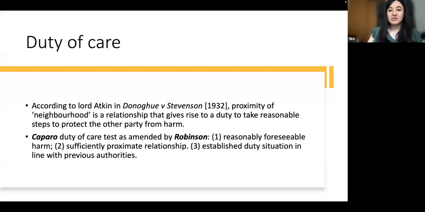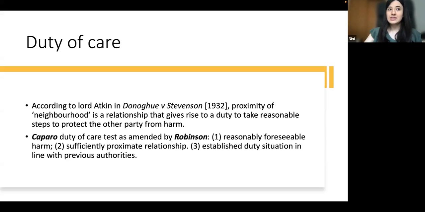Firstly, it should be established that the harm the claimant suffered was reasonably foreseeable to the defendant. Secondly, there must be a sufficiently proximate relationship between the claimant and the defendant. Thirdly, there must be an established duty situation in line with previous authorities.